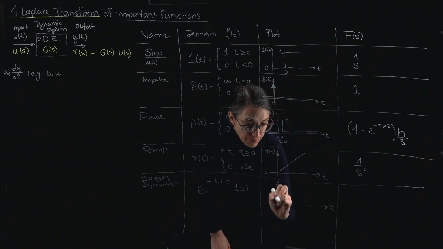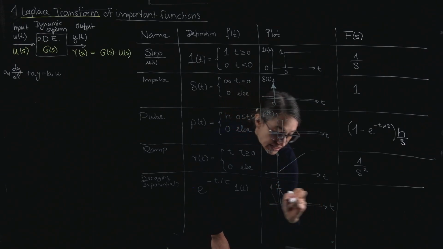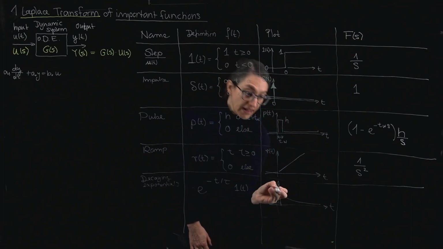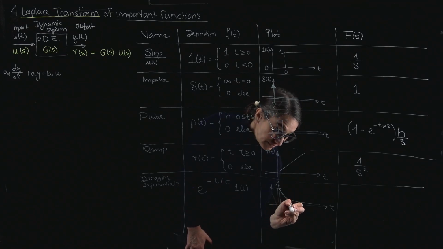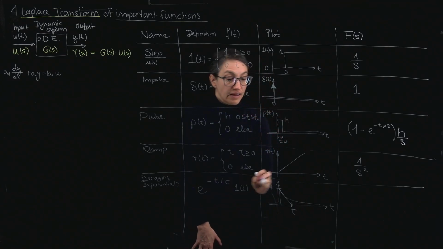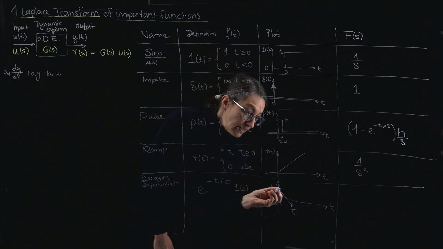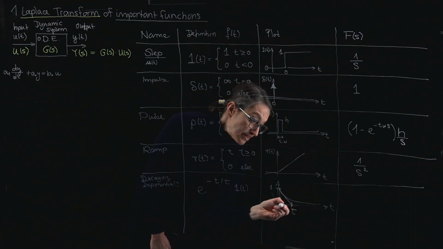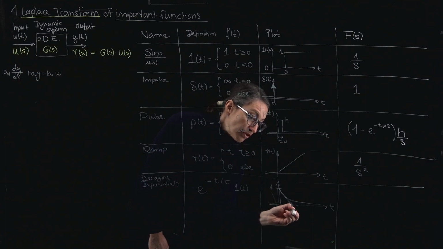We go up to 1, and then we have this decaying exponential, and we can draw a tangent here. We can draw the slope at time t equals 0 of this function here, and when we hit the 0 amplitude, we measure the time constant tau.